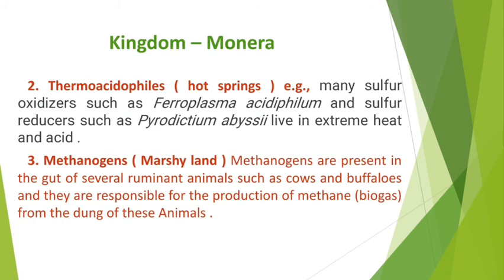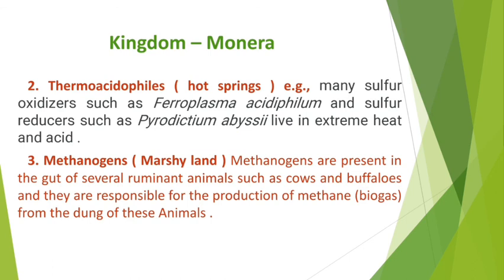Then my dear students, methanogens are present in the gut of several ruminant animals such as cows and buffaloes, and they are responsible for the production of methane, that is the biogas from the dung of these animals. So you can find these methanogen Archaebacteria in the gut of ruminant animals such as cows and buffaloes.